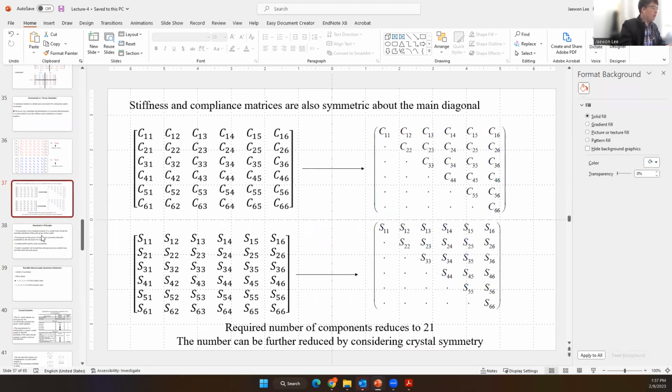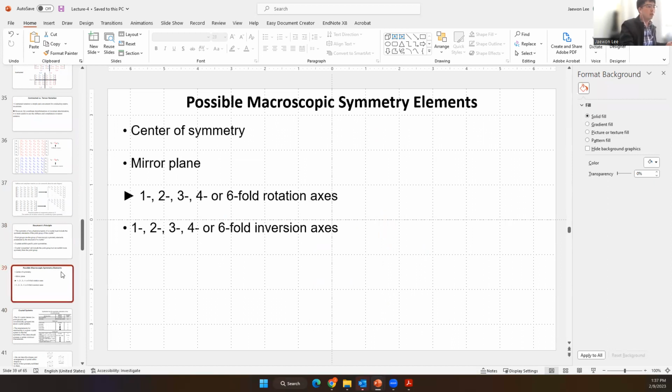And then I would like to check your background first, because tensor could be reduced by the symmetry of the crystal structures or material structures. Are you familiar with the mirror index or the symmetries of the crystals?